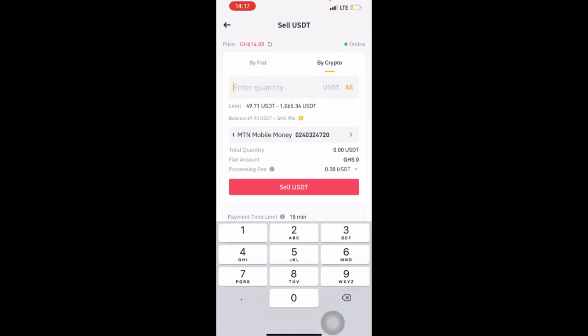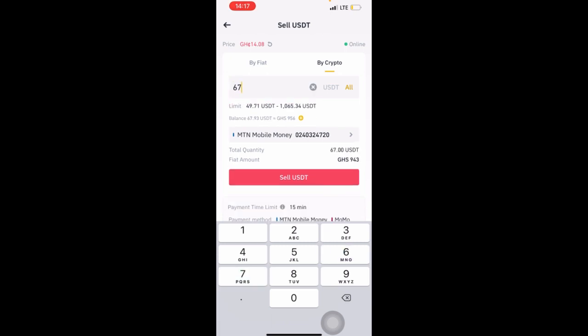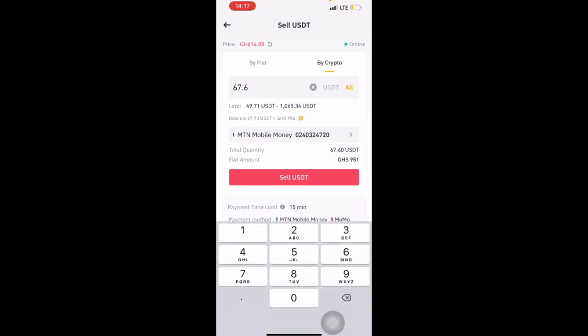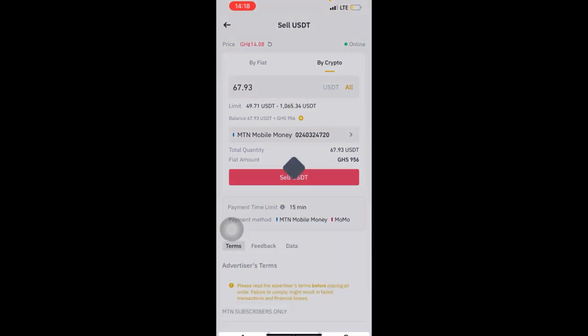So enter the amount I have, which is 67.93. So it means that if I sell this to this person, I'll be receiving 956, and the person's online. So I'll go on and sell USDT now.